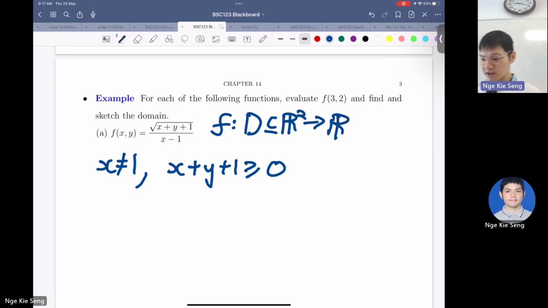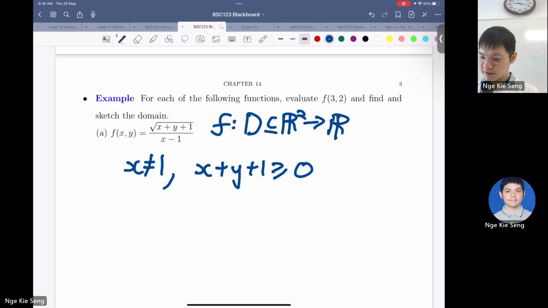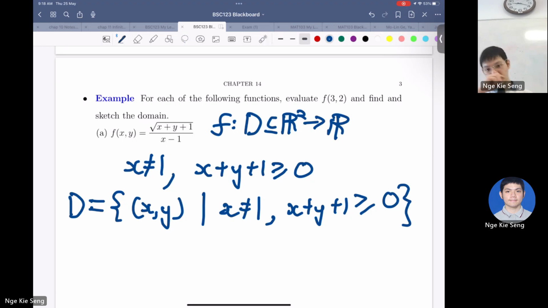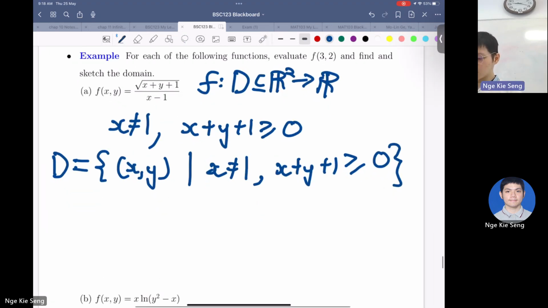So the natural domain is all the (x, y) such that x is not equal to 1 and x plus y plus 1 is greater than or equal to 0. Anyone know how to draw this domain?